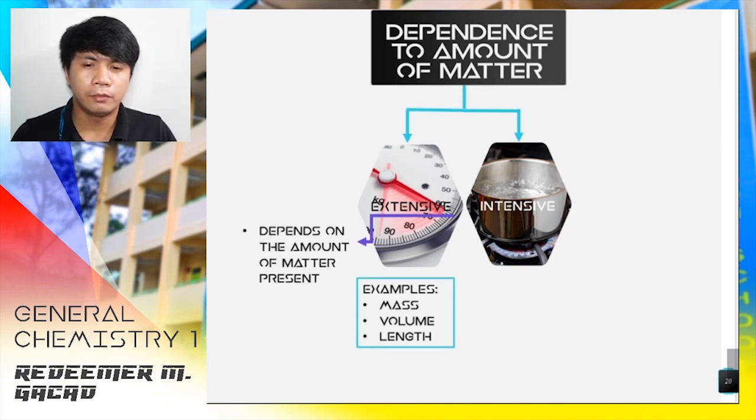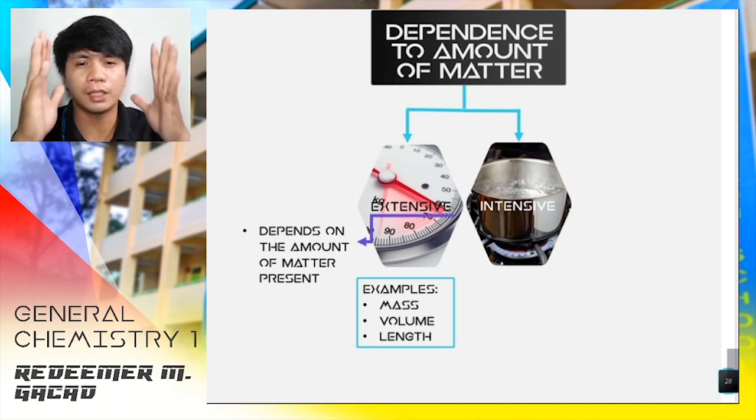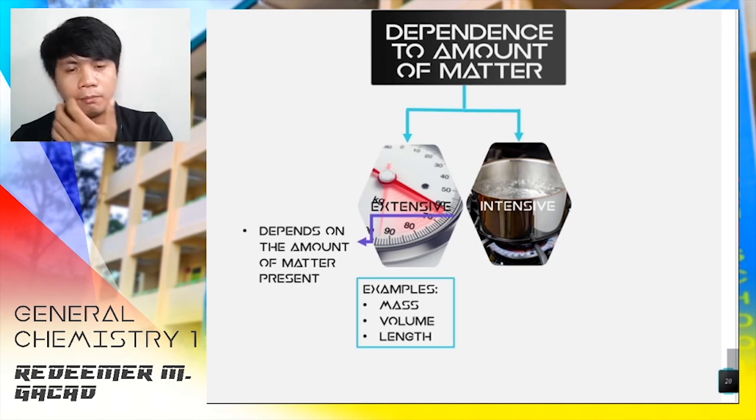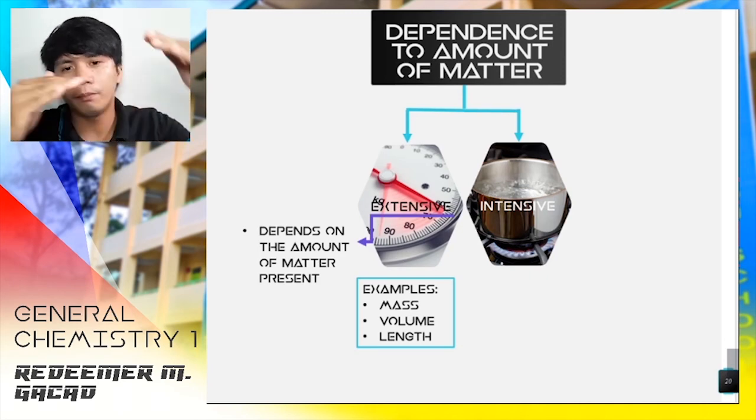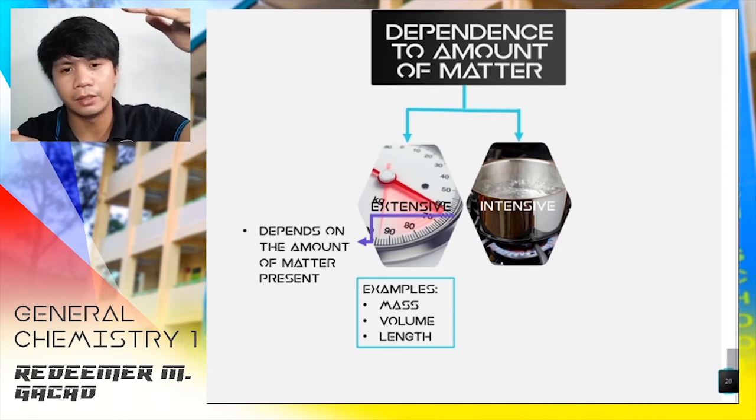Okay? For example, yung isang maliit na block ng ice or cube ng ice kumpara sa malaking bloke ng ice, mas marami yung matter na laman nung mas malaking bloke ng ice. Okay? So, dahil mas marami yung matter niya, mas malaki yung mass niya. Magkaiba sila ng mass. Okay?